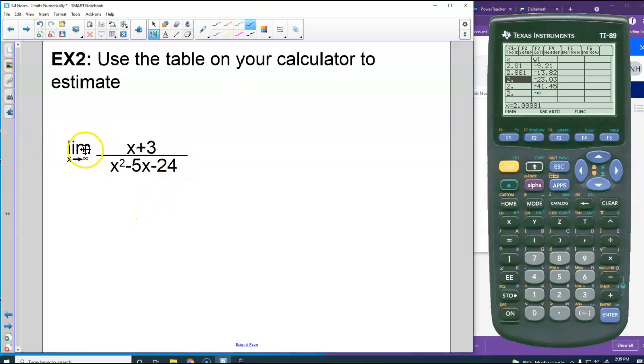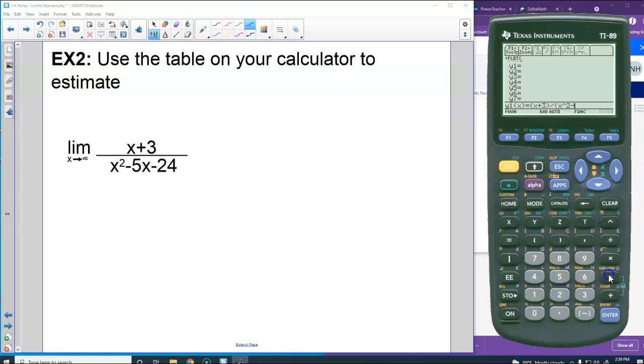So this time, we're doing this function. We're going to go back to y equals. I'm going to clear out what I had before. What's it say? It's just not responding.